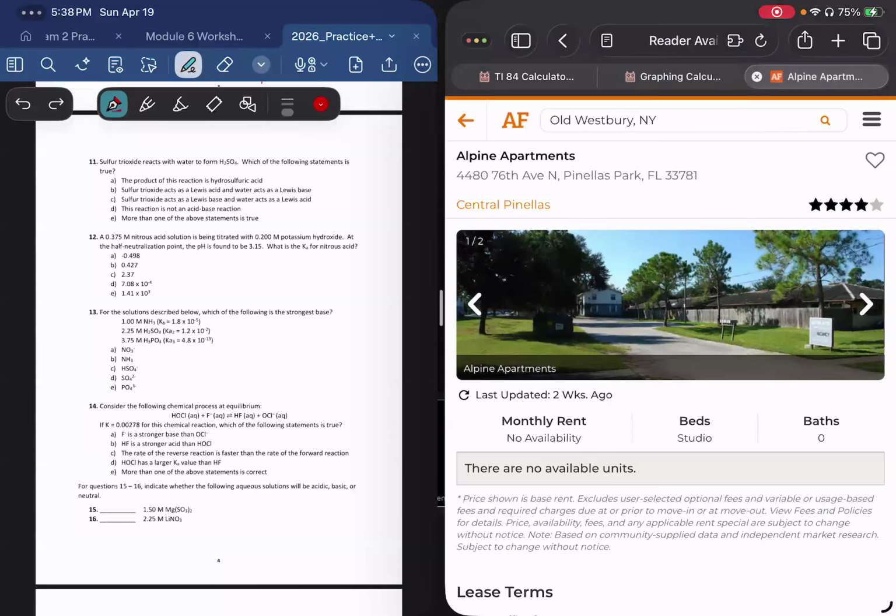So my takeaway with 11 is you definitely want to make sure you know how to draw out these structures properly. If you guys recall, there's formal charge, and formal charge is basically valence electrons minus bonds minus single electrons.